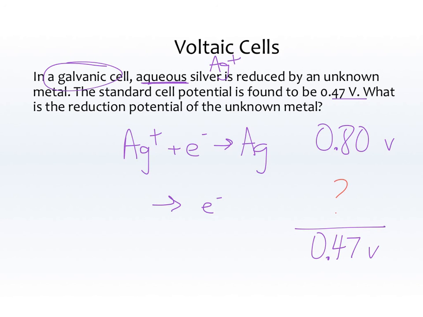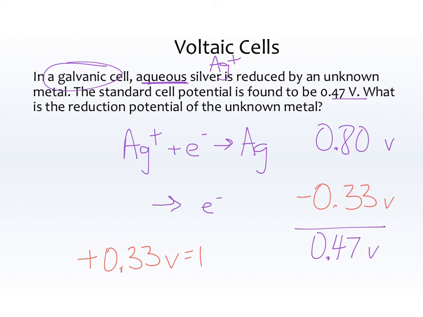Okay, well, 0.8 plus what equals 0.47? 0.8 plus negative 0.33 is equal to 0.47. So what could this thing be, and what is the reduction potential? Well, since this number, negative 0.33, is how much you would get for oxidation, when you're looking on the chart, you're actually looking for something that has a positive 0.33 volts.